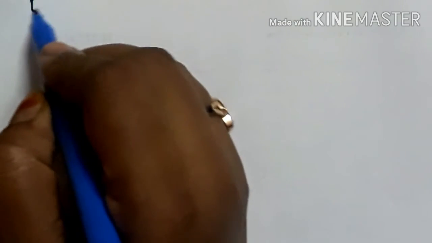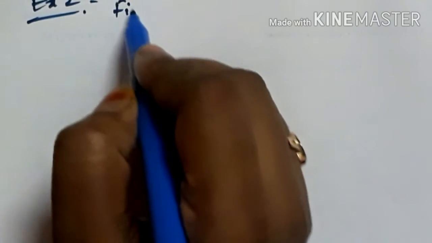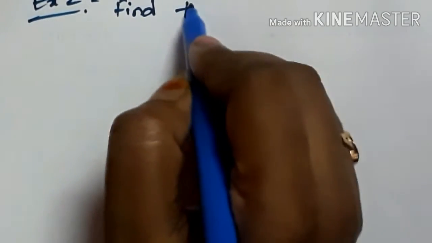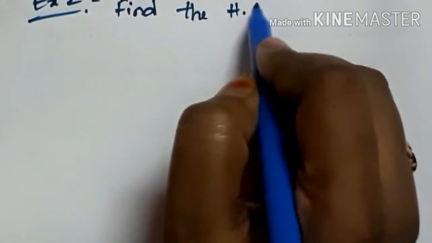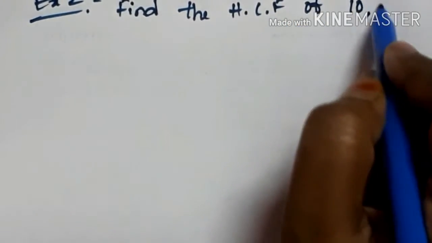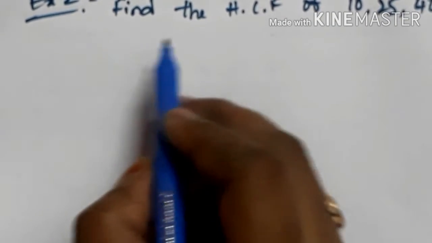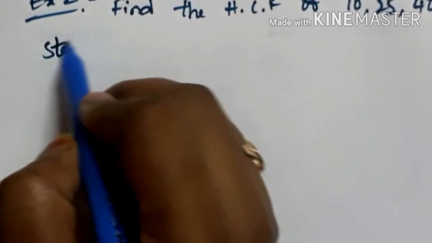Now we are going to see one more example, that is, find the HCF of 10, 25 and 40. So take two numbers, 10 and 25.